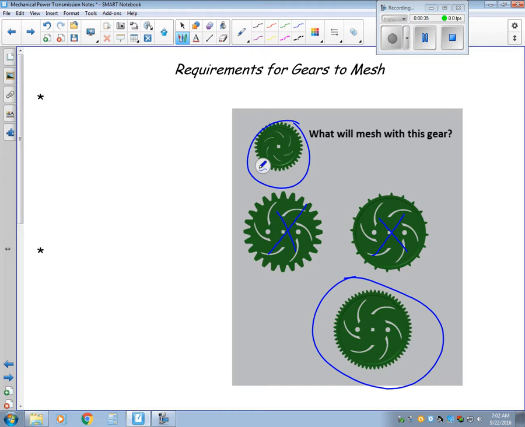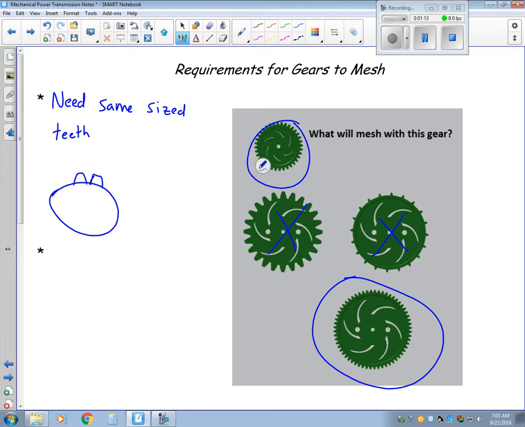So when we look at the requirements for mesh, both gears need to have the same size teeth. And what I mean by that is, if we were to take a look at how a gear kind of looks, the tooth kind of comes down like this, kind of bowed out a little bit.